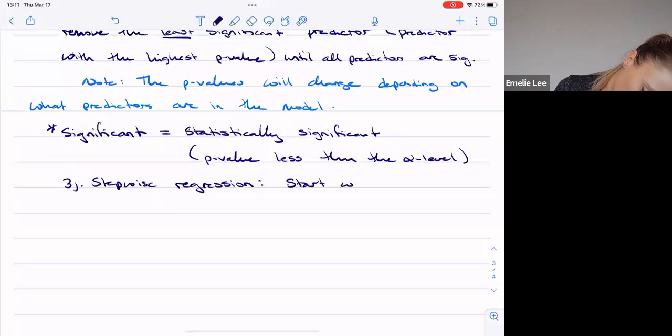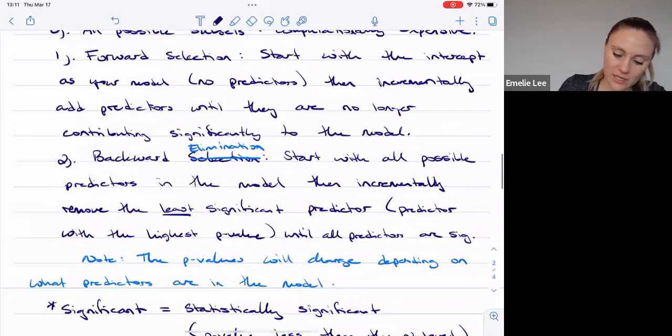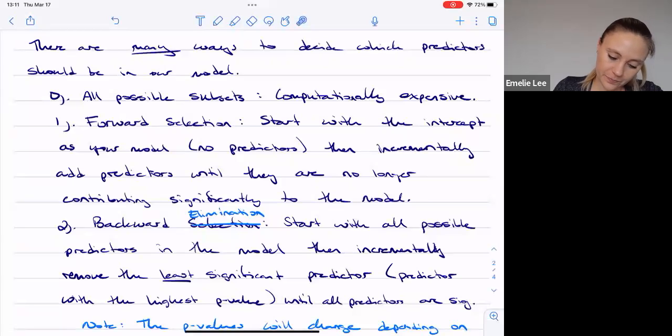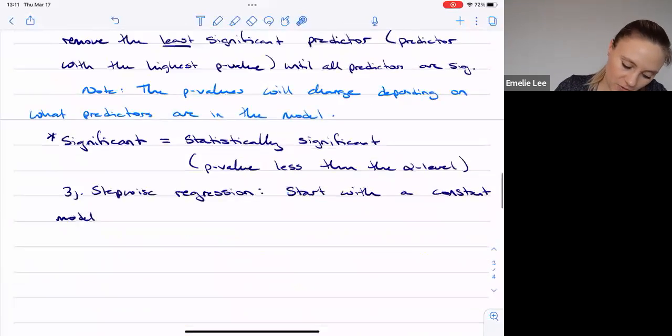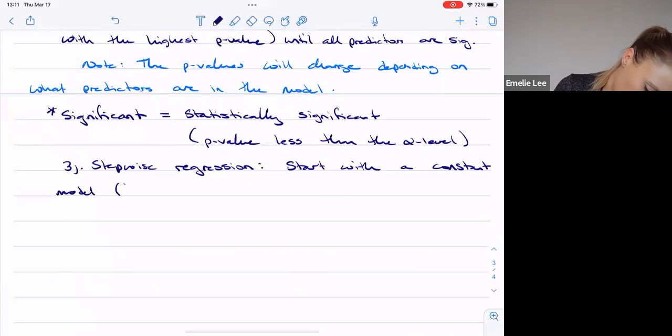So start with a constant model, which is the intercept as the model, the same as forward selection.